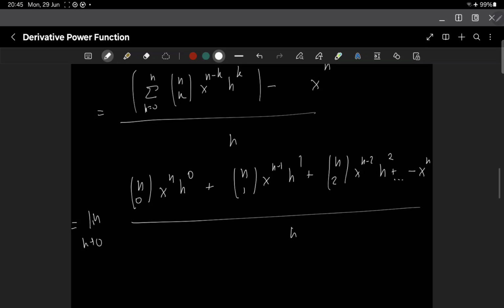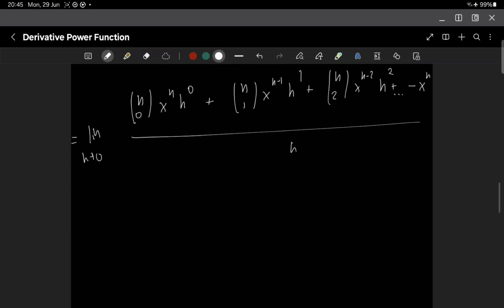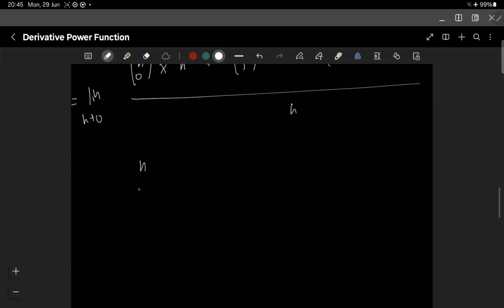Now what you first notice here is that n over 0 is just 1. Brief excursion: n over k is equal to n factorial over k factorial times n minus k factorial.